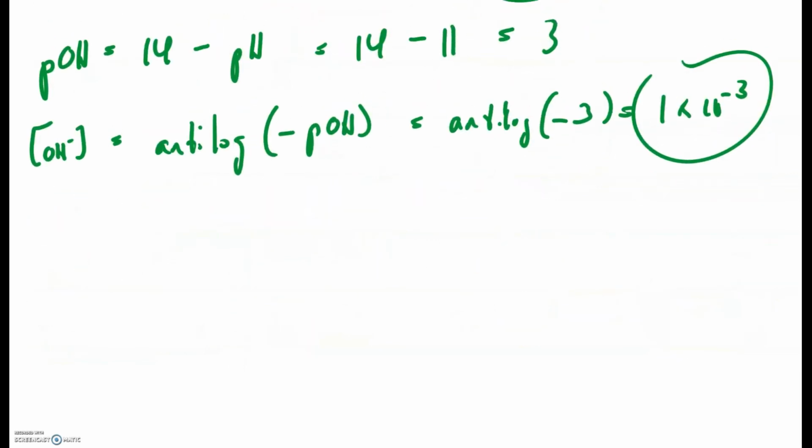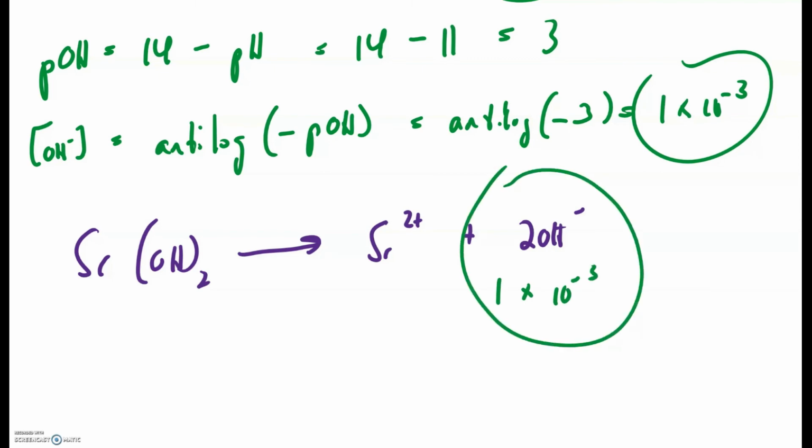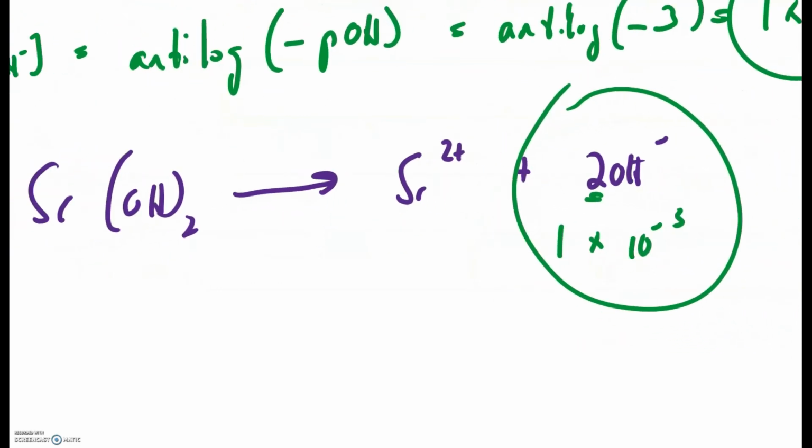What is the issue is the fact that strontium hydroxide dissociates into strontium and 2 hydroxides. So here's where we've got to be careful, because we know that the concentration of OH minus in solution is 1 times 10 to the negative 3rd. It's already there. It doesn't matter what put it there. That's how much OH minus is in solution. Our concern is this guy. We've got this coefficient of 2.